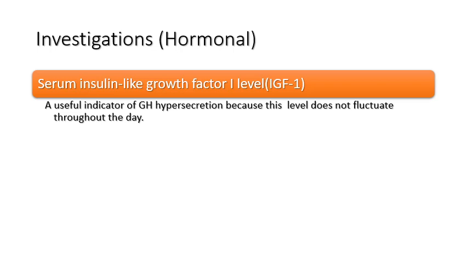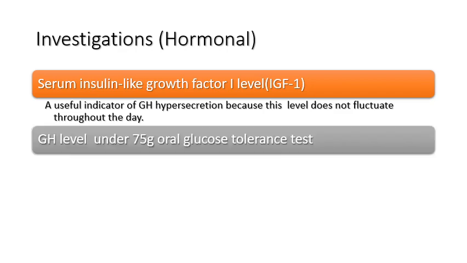An important beneficial effect of measuring insulin-like growth factor 1 is that this hormone does not fluctuate throughout the day, while growth hormone has fluctuating effects. So there is difficulty in using random growth hormone measurement for assessment of acromegaly. So IGF-1 may be useful as a simple screening test for the presence of excessive growth hormone release.